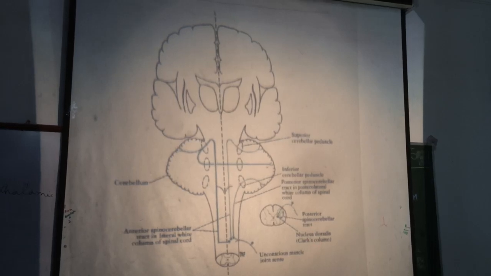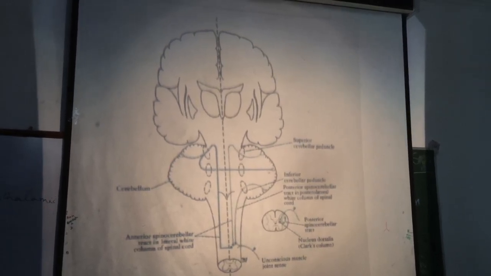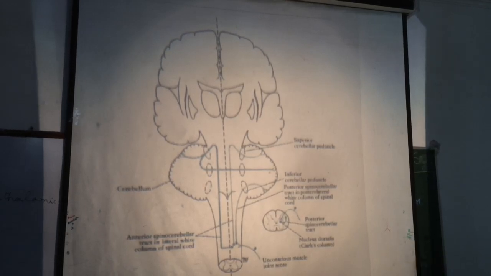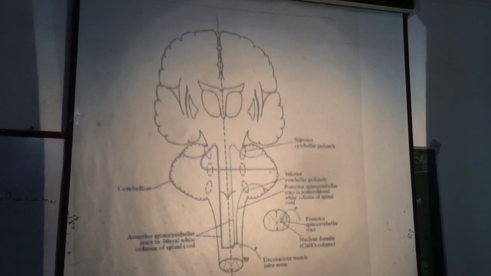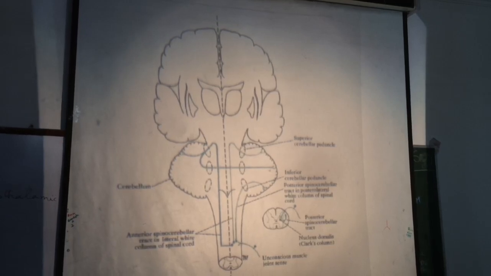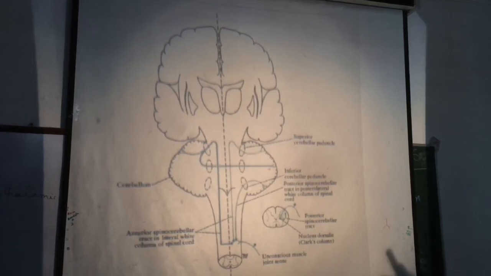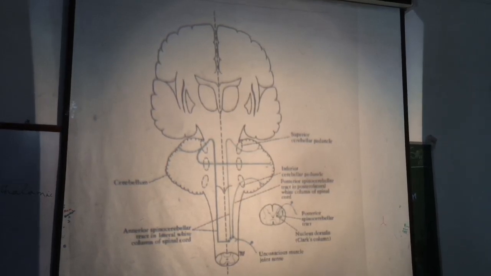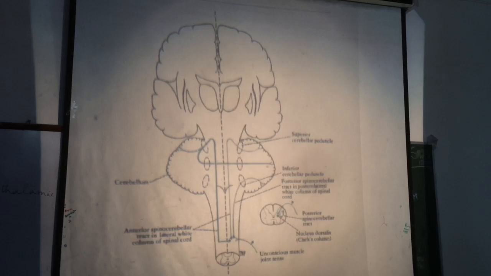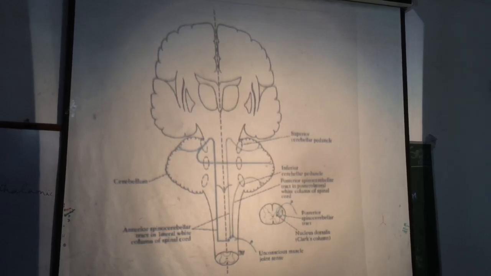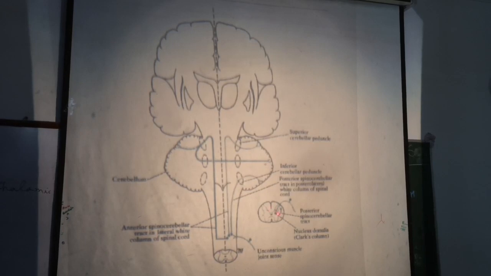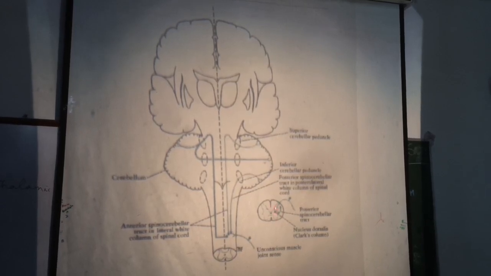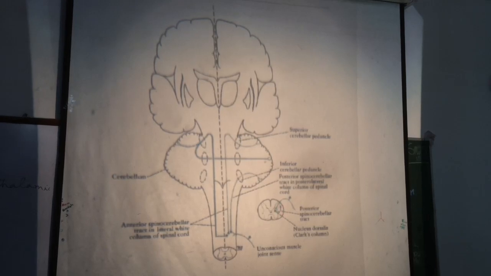So this Clark's column is present at the base of the posterior gray column. From Clark's column or nucleus dorsalis, second order nerve fibers arise, which enter the posterolateral white column to form the posterior spinocerebellar tract.